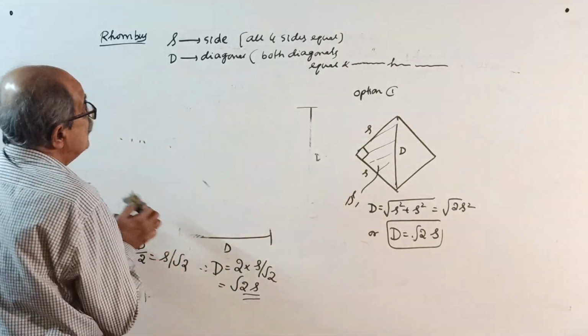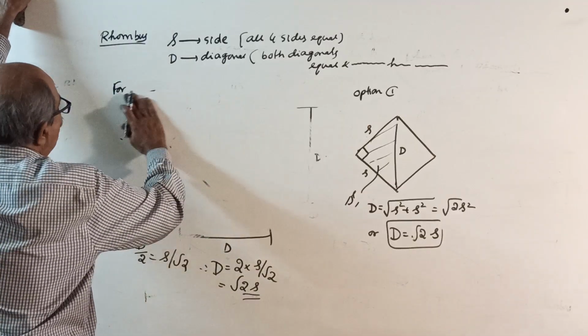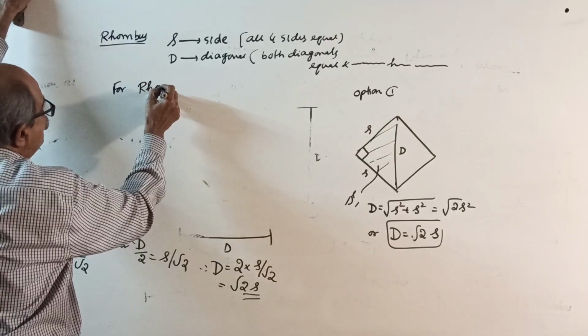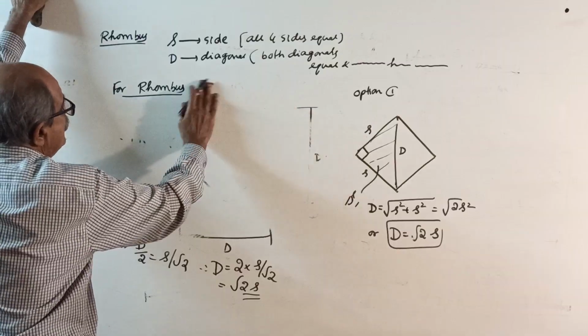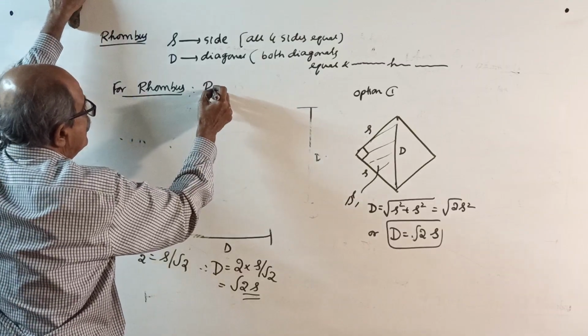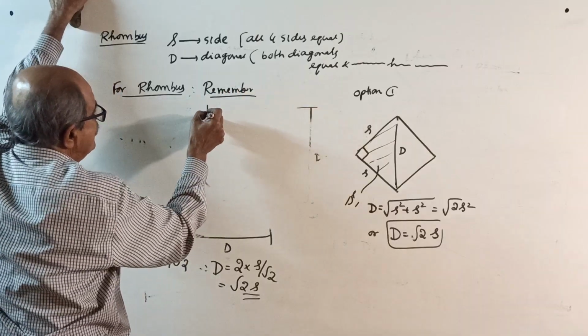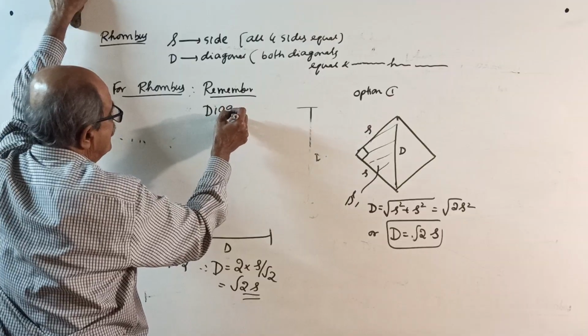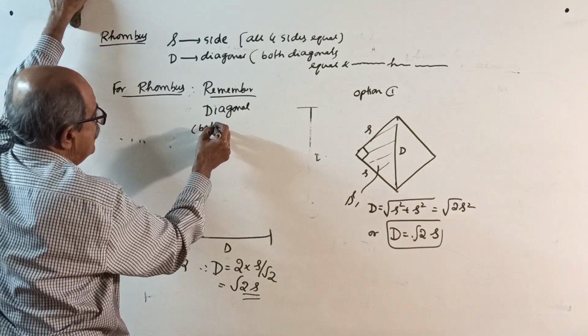See, for a square, for a rhombus section, for a rhombus, if you remember that the diagonals both are equal.